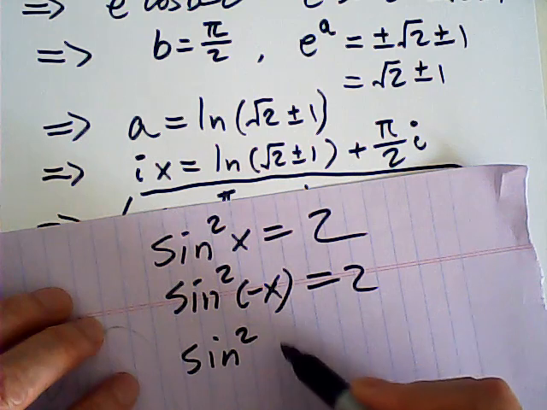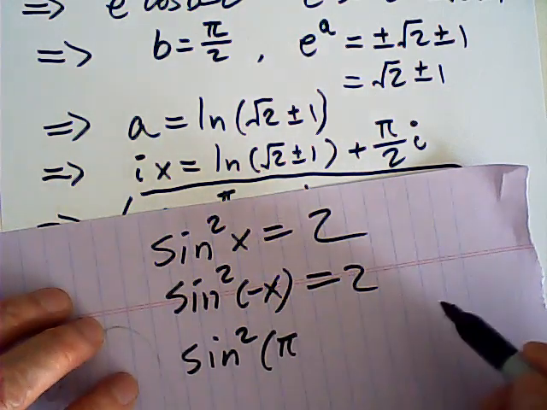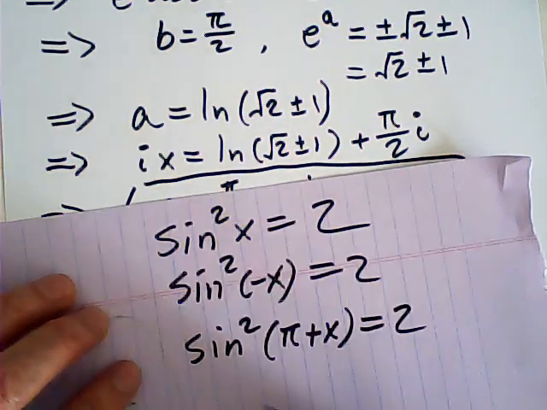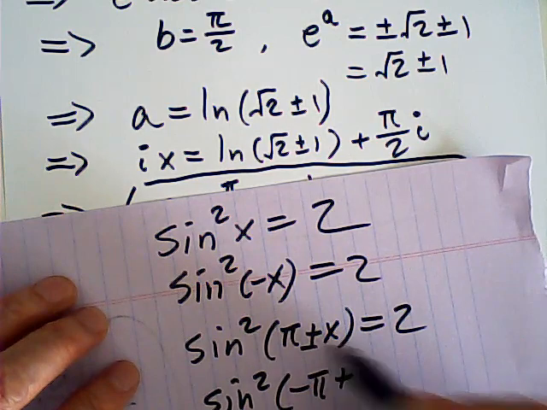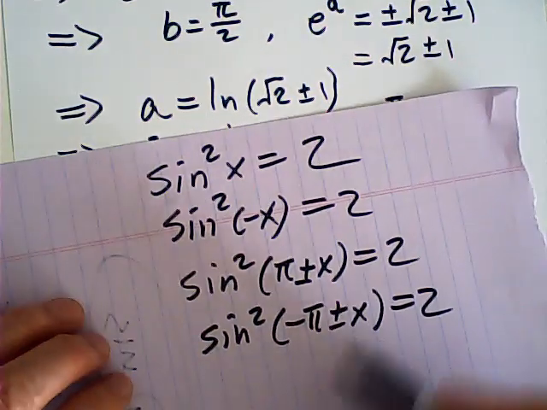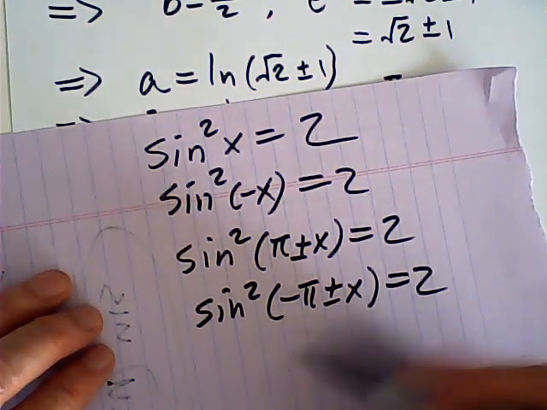And sine squared of pi plus x is also equal to sine squared of negative pi, plus or minus x, which is also equal to 2. Because for sine squared, the period is pi.